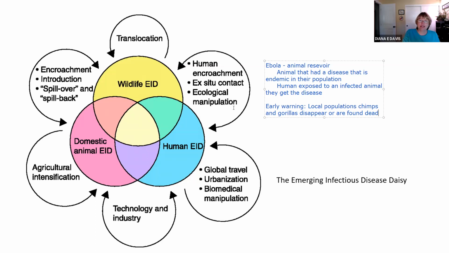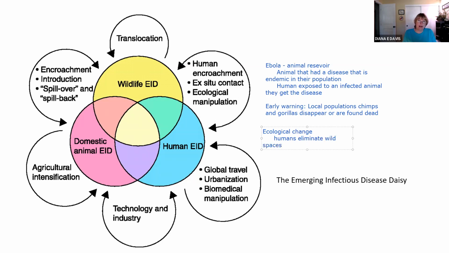We also see this as a problem with what we call ecological manipulation. I'm going to expand on this and call it ecological change. This can be humans eliminating wild spaces.